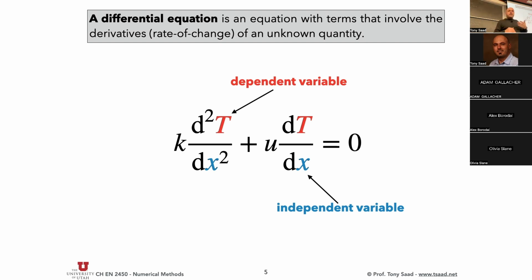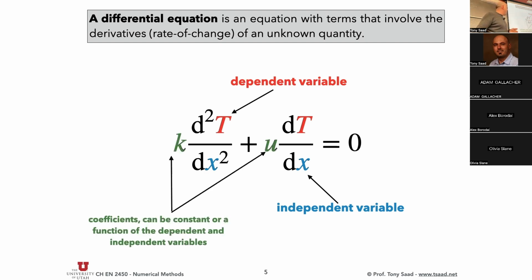In this case x, which designates space. And these, k and u, are the coefficients in a differential equation. They can be constant, or a function of the independent variable and/or the dependent variable. So k and u could be a function of the temperature, or a function of space.